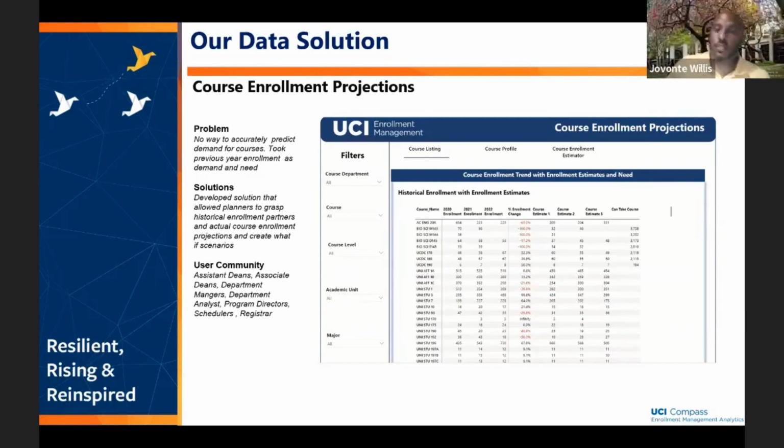I want to say there's no need to open a ticket, but what we developed is a partnership where people can come directly to us and talk to us. Instead of having to worry about putting a ticket in and waiting for somebody to get back to them, we developed this partnership where they feel like they can come to us so that they feel a part of the process.